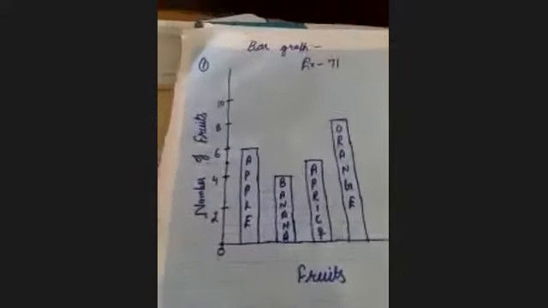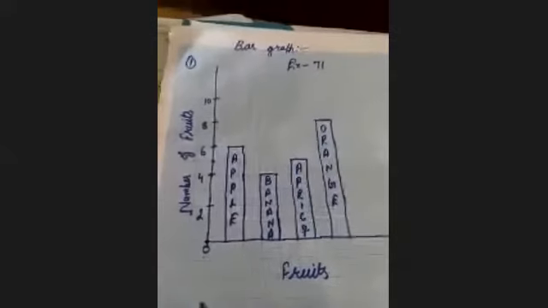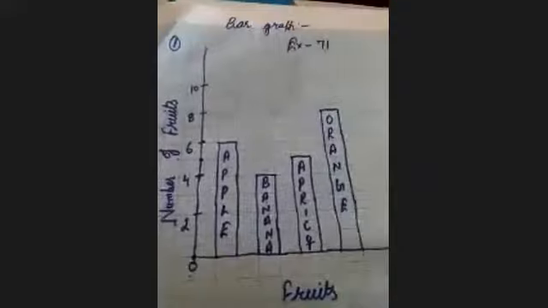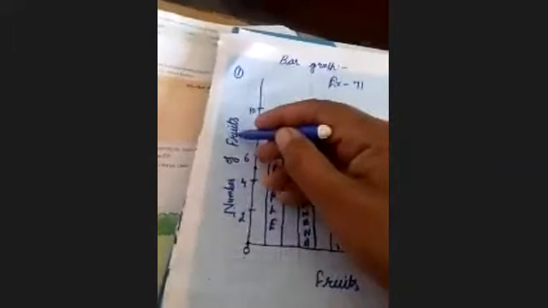Now represent this information through a bar graph. So the method is, friends, first we draw the x-axis, then the y-axis. On the x-axis we take fruits. On the y-axis we take the number of fruits.